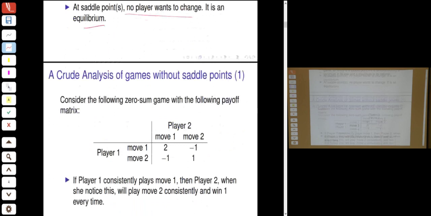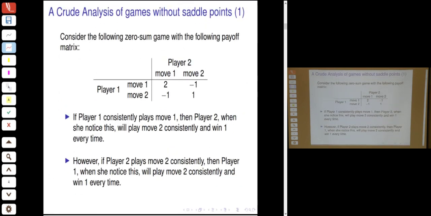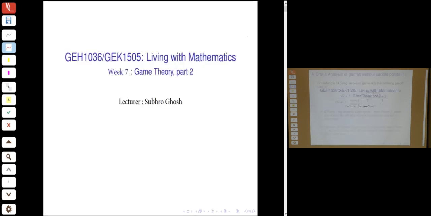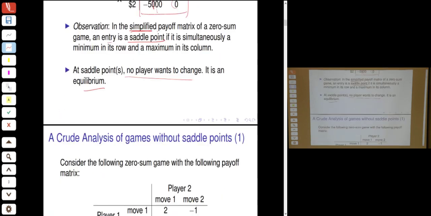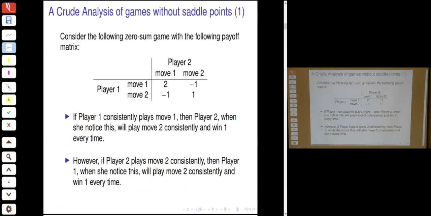So the tricky games are those games whose payoff matrix does not have saddle points. Consider the following zero sum game with the following payoff matrix.